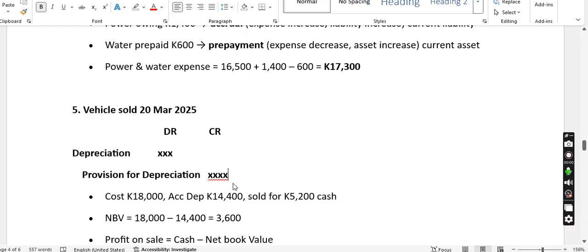So when an asset has been sold, you need to find out how much the asset is worth, because there was depreciation, so it's not the same value as when you bought it. You have to ask yourself, how much is this asset worth right now? This is where we bring in the net book value or carrying value.